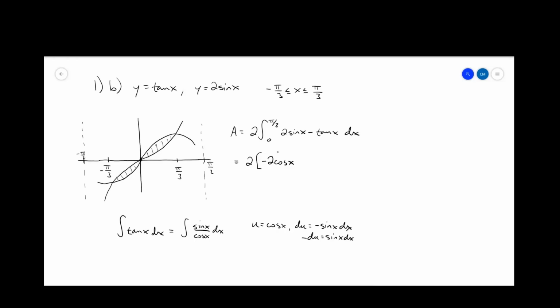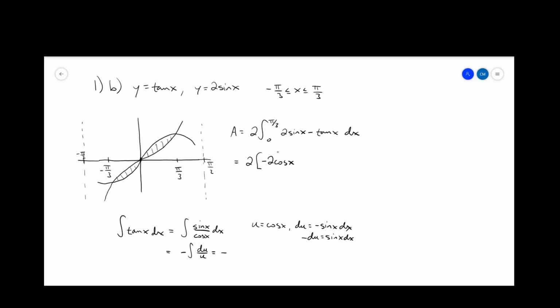That means this becomes, as a new integral, negative integral du over u. So what's the antiderivative of 1 over u?